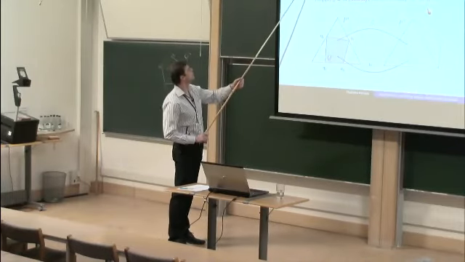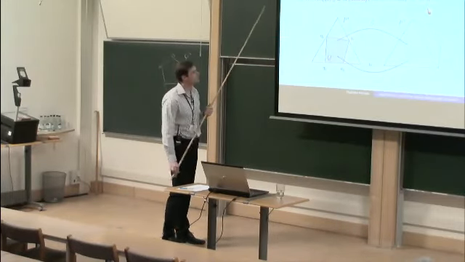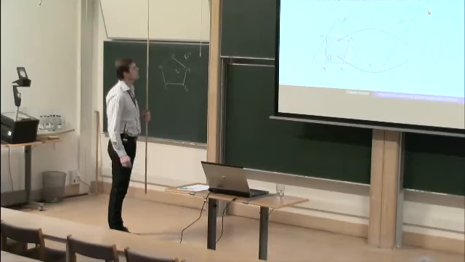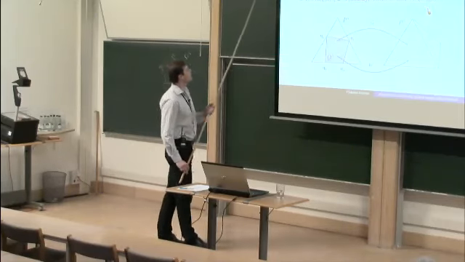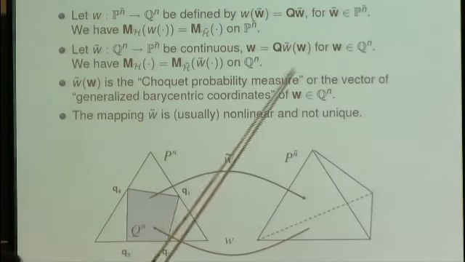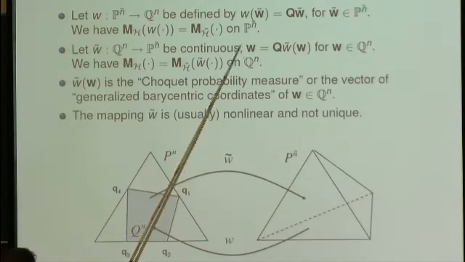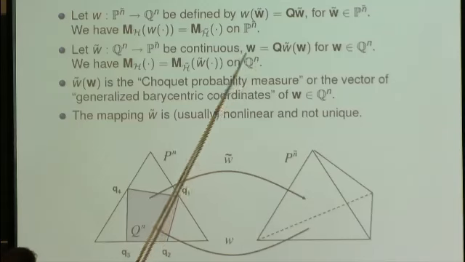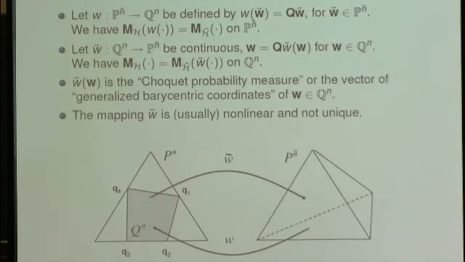Next, we need to work with a function w tilde, which is much more complicated in general. It needs to be continuous, firstly, and secondly, it needs to satisfy this equation. In simple problems, it would be the inverse of w.